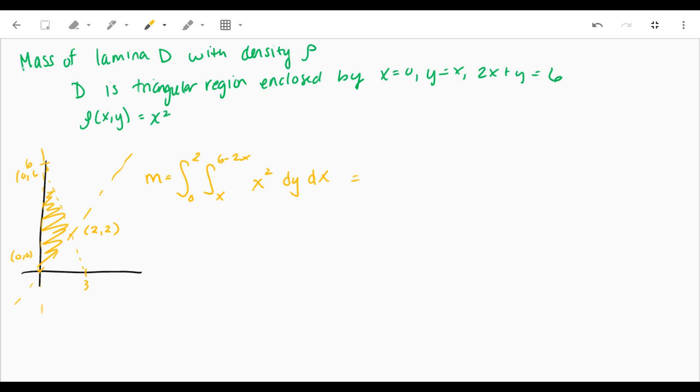Okay, so then that would be our integral from 0 to 2 of x squared y, where y goes from x to 6 minus 2x. So our integral from 0 to 2 of x squared times 6 minus 2x minus x squared times x.